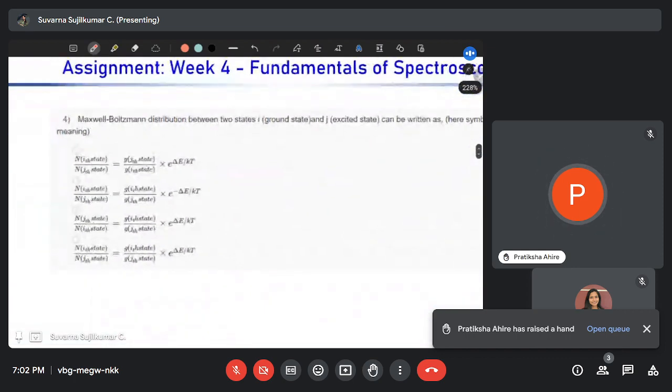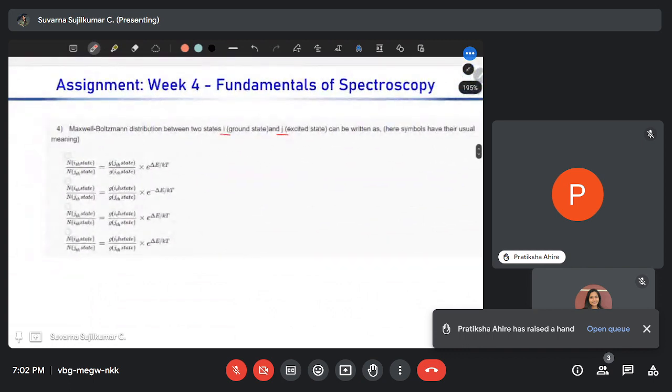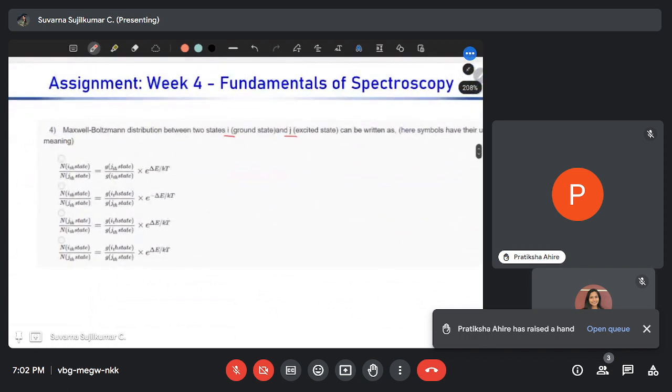Next question: the Maxwell-Boltzmann distribution between two states, where i is the ground state and j is the excited state, can be written as... we have four options. Third answer, ma'am.